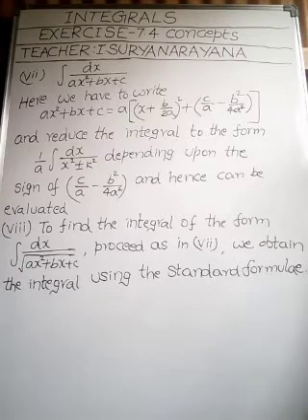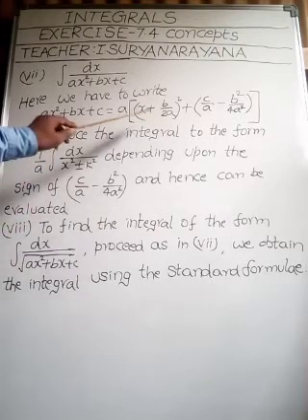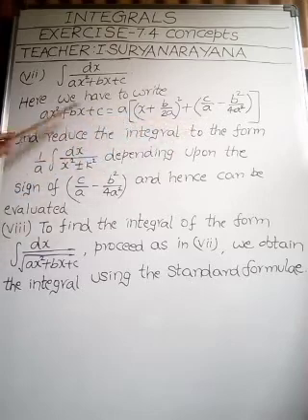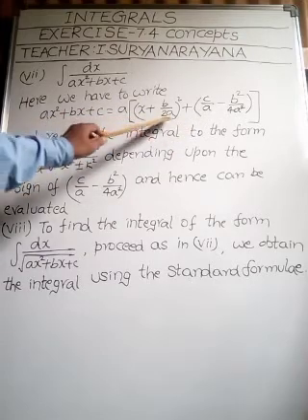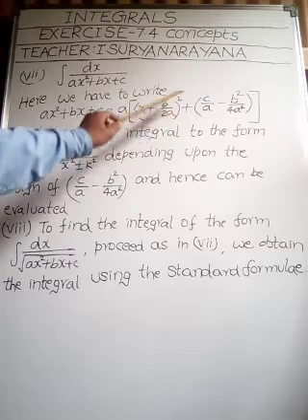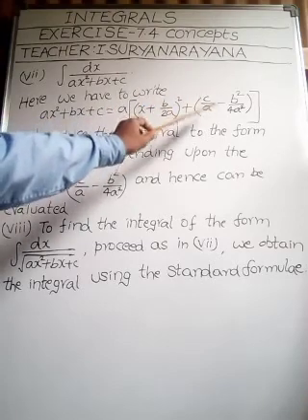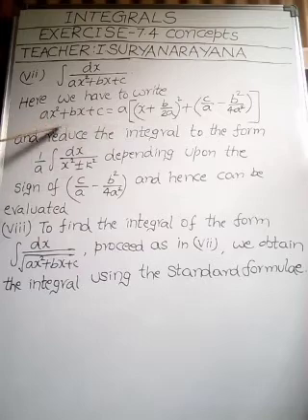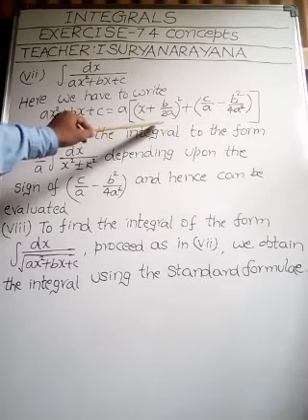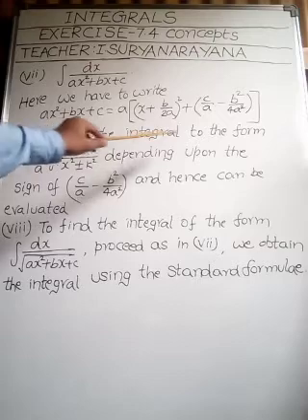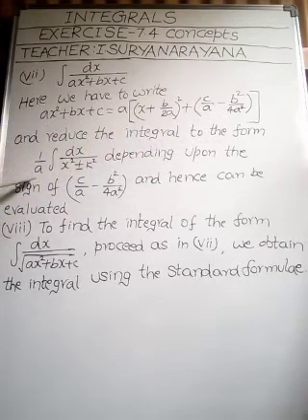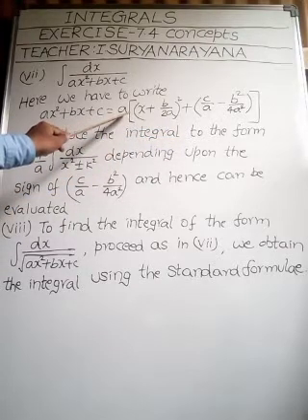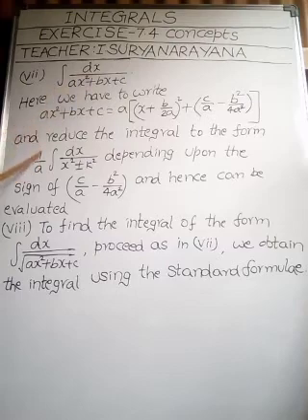By using that procedure, we write the remaining part of the expression like this: x plus b by 2a whole square plus c by a minus b square by 4a square. Like this, we write the quadratic expression in this form and reduce the integral to the form 1 by a, because the coefficient a of x square we wrote outside.